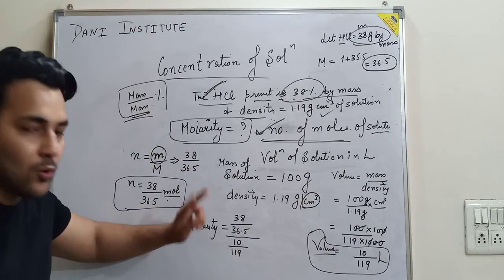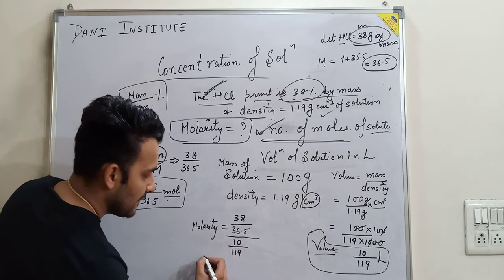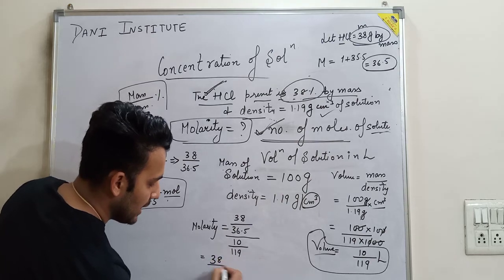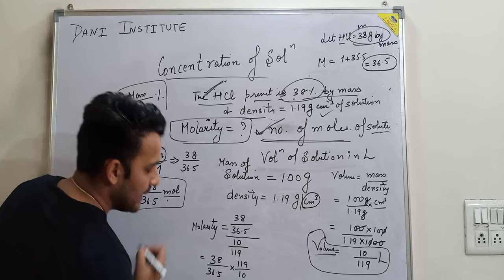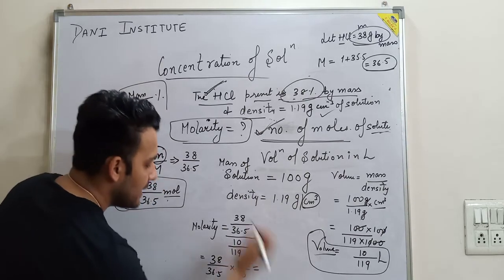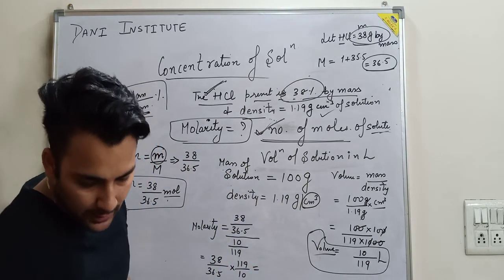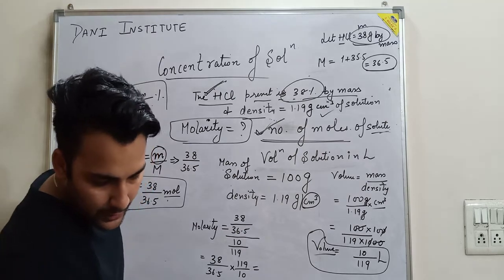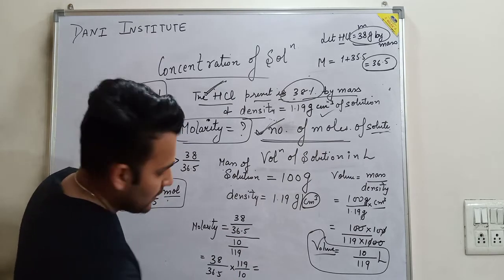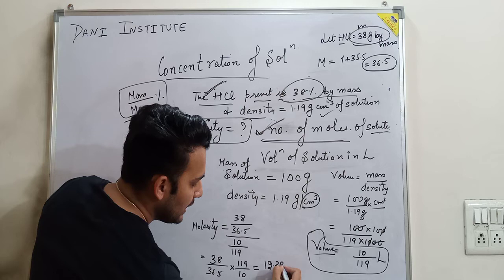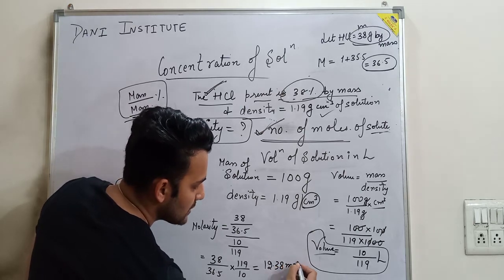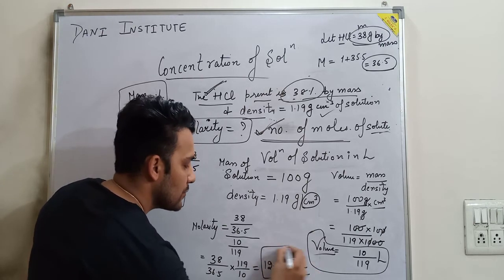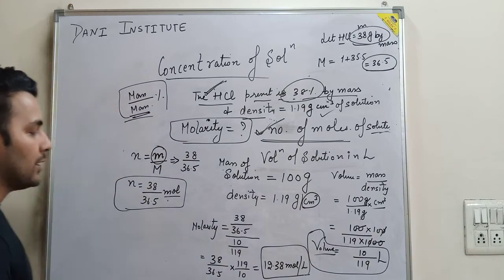You can take the reciprocal. When you take the reciprocal, it will be 38 by 36.5 times 119 divided by 10. And the molarity of the given solution is 2.38 moles per liter.